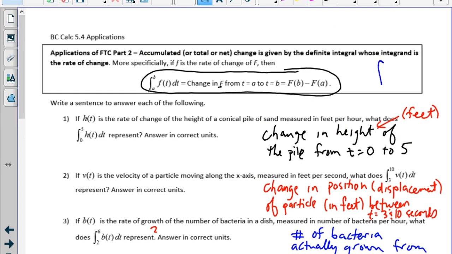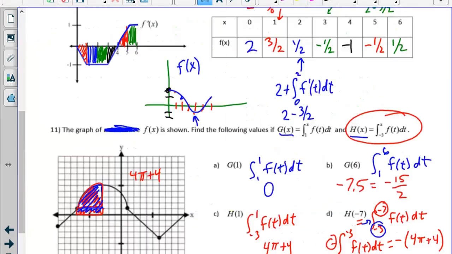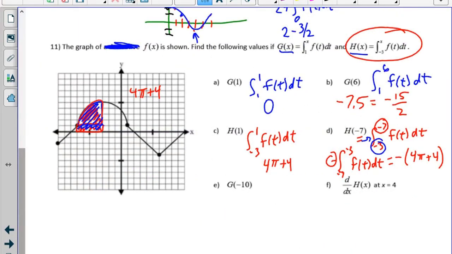If the change from -7 to -3 is positive, then my change from -3 to -7 is actually going to be negative. So it's like going backwards.